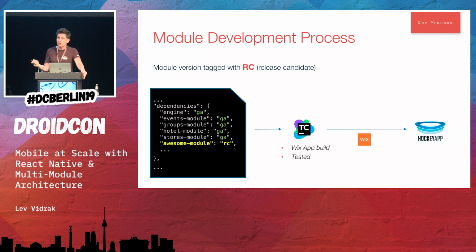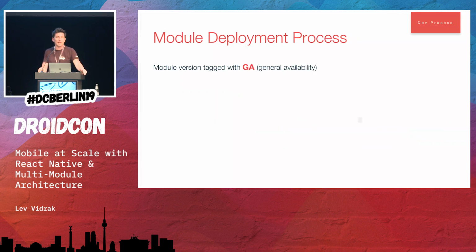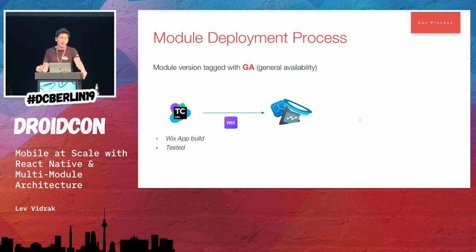And when the developer, product and QA test their feature, the new feature, and the model that was changed, and they decide that this model is ready for production, you just need to tag its version to GA, general availability, and this will trigger a build of a purple application, a production-ready application, in which all the models and also the engine are tagged with GA.